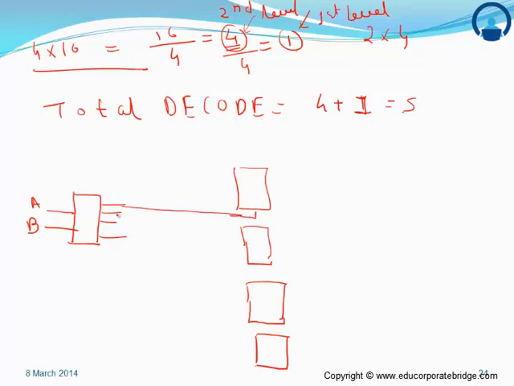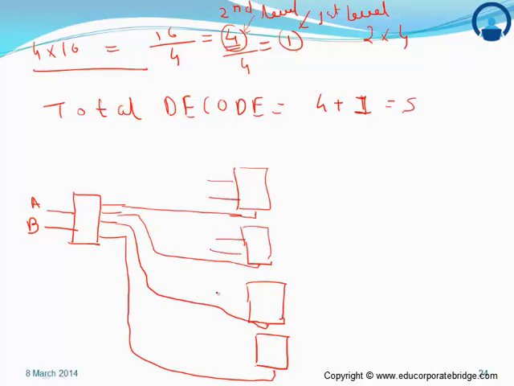These are connected to the enable pins of the respective decoders. These are the 2 inputs for each, and again each 2 cross 4 will have 4 outputs.